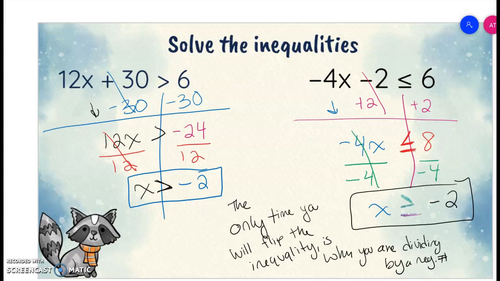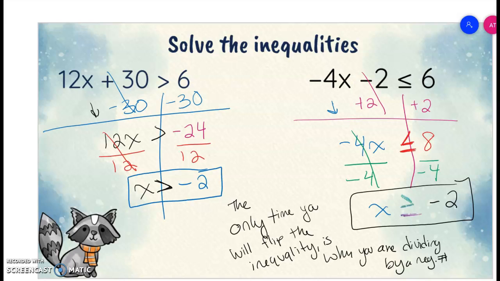I know what you're thinking: well, I divided negative 24 by 12. Well, that 12 was not negative. That's why we didn't flip it here, but we flipped it over here. If I'm dividing by whatever is attached to my x and it's negative, you're going to flip it.